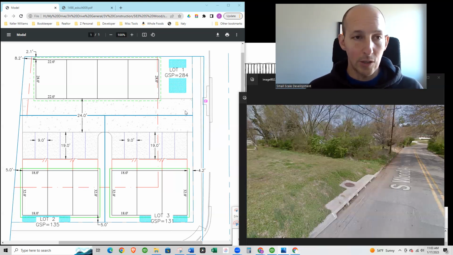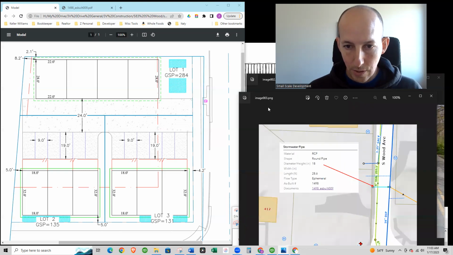But I need to run that by the engineering department, and they said part of the issue is this is in a little bit of a low spot, so if we have the driveway going over, the water might not flow into it. So that was something.